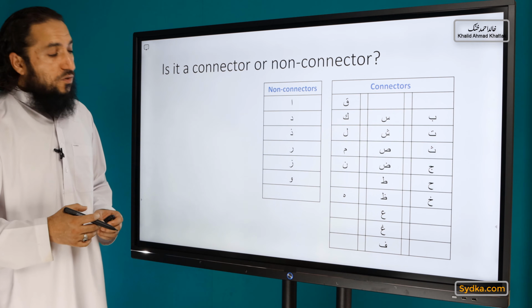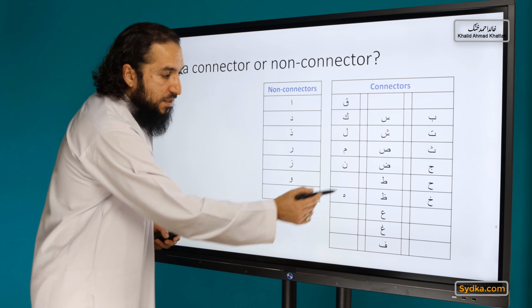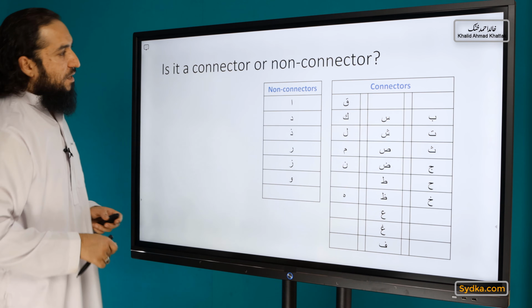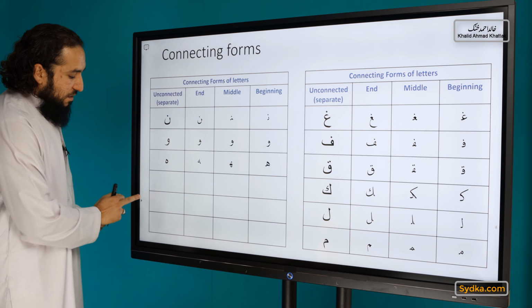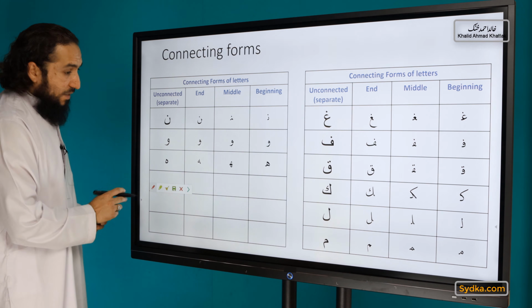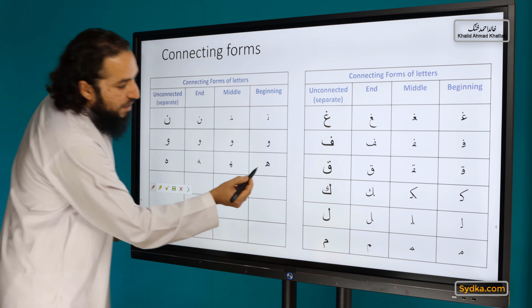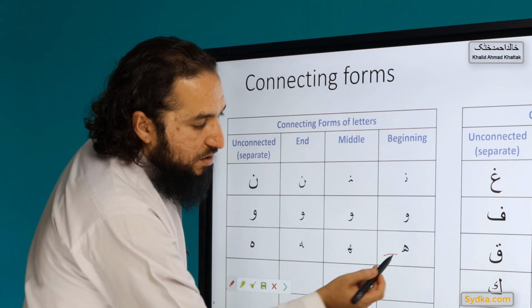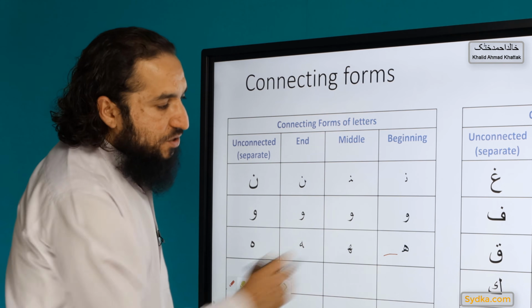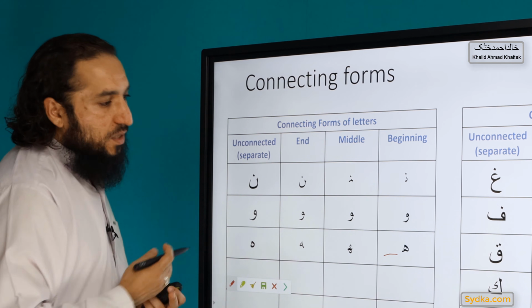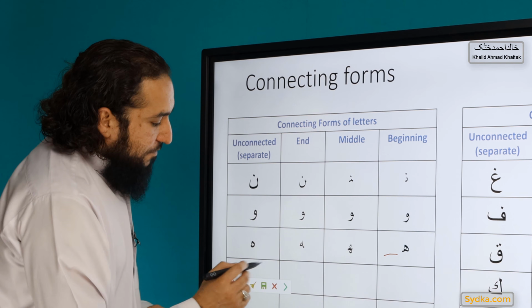Is it a connector or non-connector? It is one of the connecting letters, because of its connecting forms. If it's written in the beginning, it looks like this; the shape is slightly different. We will draw it when we come to the next slide, inshallah.